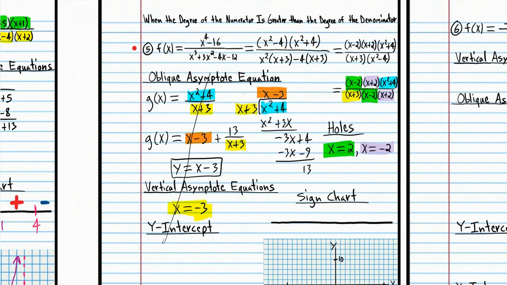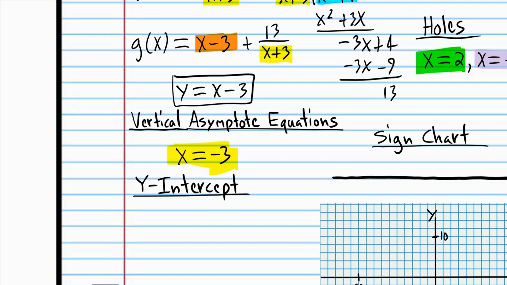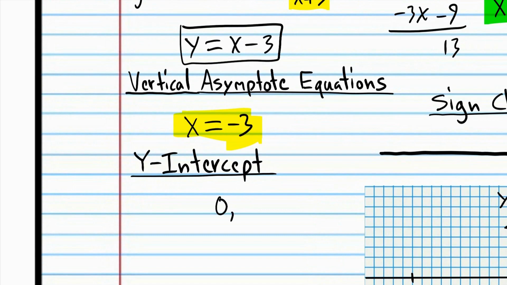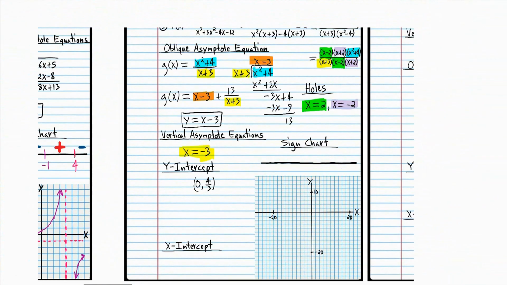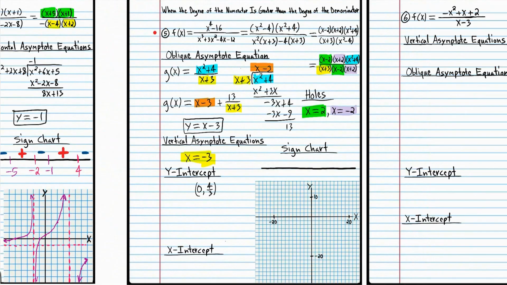If we plug in 0 to x up here, we can see pretty clearly that 4/3 is going to be the y-intercept. And the blue factor there does not really give us any x-intercepts. The green and purple, again, those are not x-intercepts, those are just holes. That's something completely different.